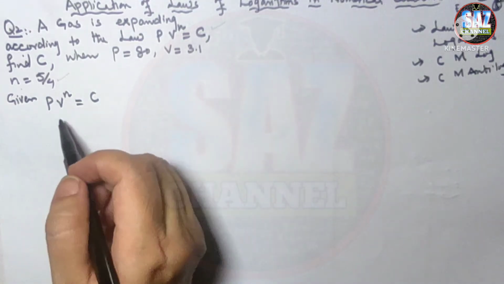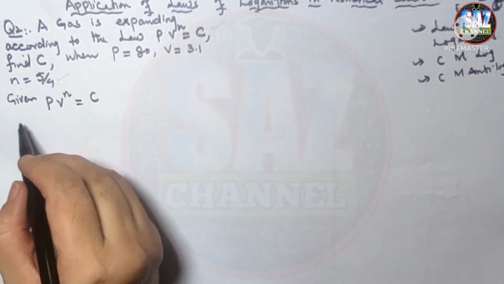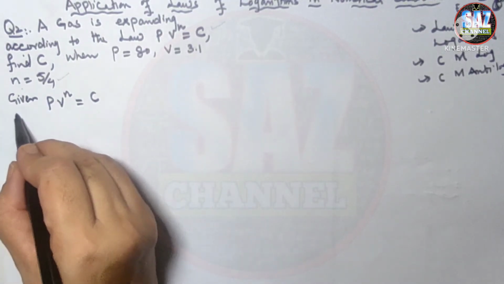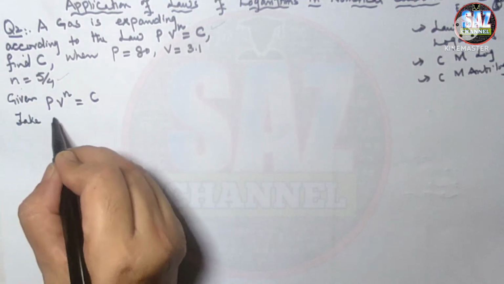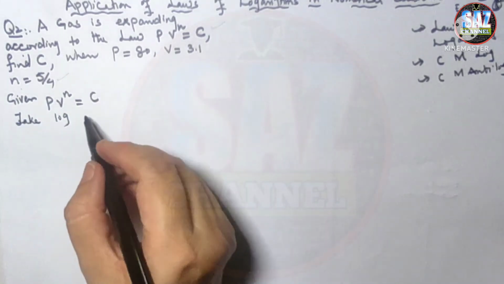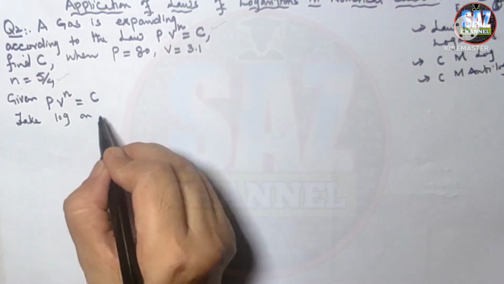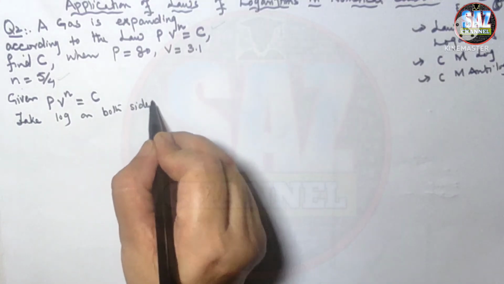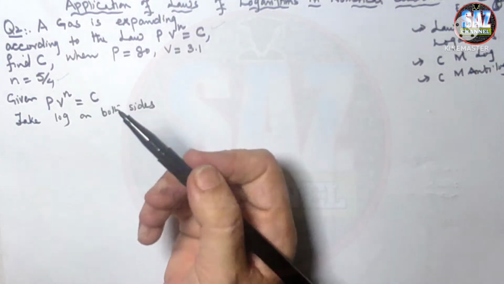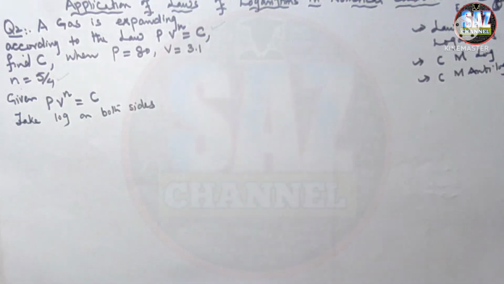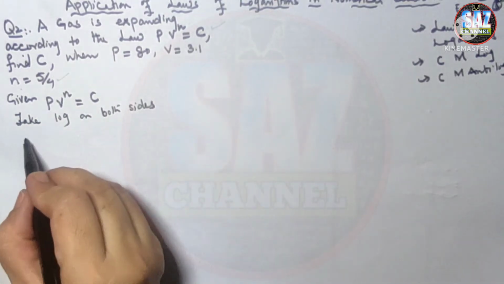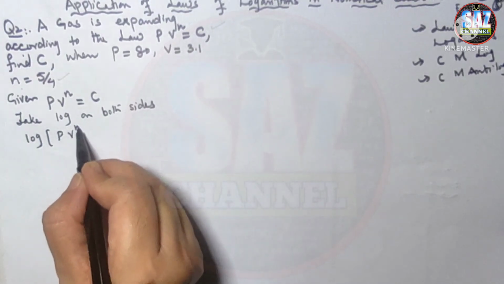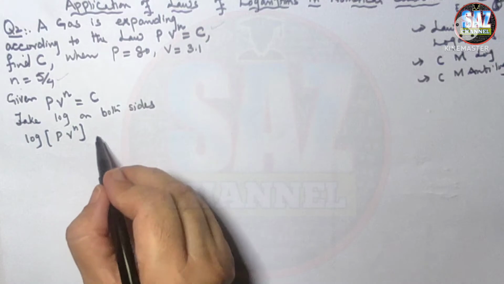So, first of all, we have to take log on both sides. Log of P into V raised to power of n equals to log of C.